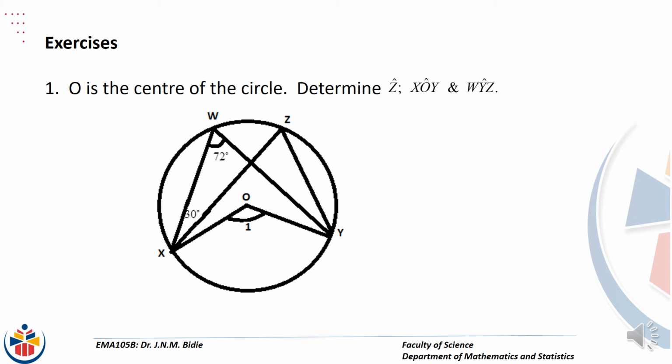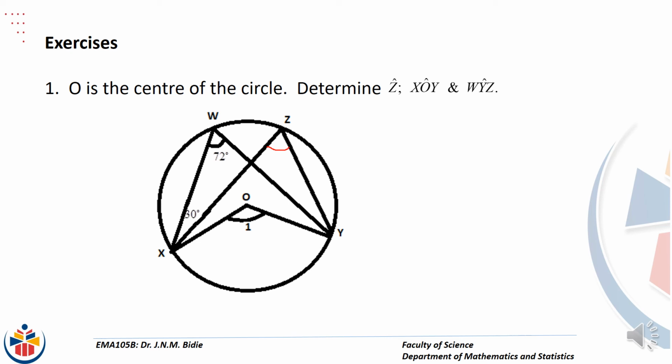O is the center of the circle. Determine angle Z. Let's start there. These two angles, angle W and angle Z, are angles that are subtended by the same arc. Therefore, they are equal.